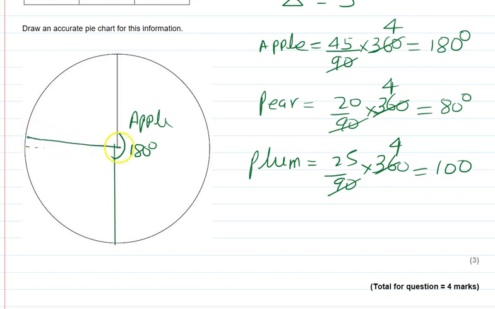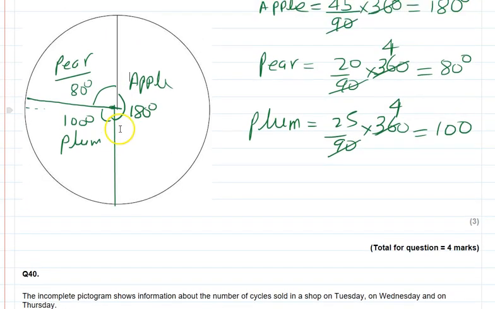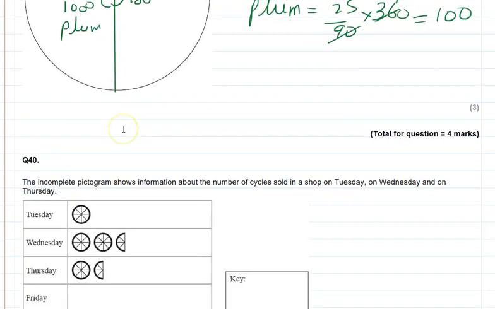We can use a compass here, so this will be 100 degrees, that is for plum, and whatever is left over, that is 80 degrees, is for pear. Yeah. Now next question. You can use a compass and protractor in the exams.